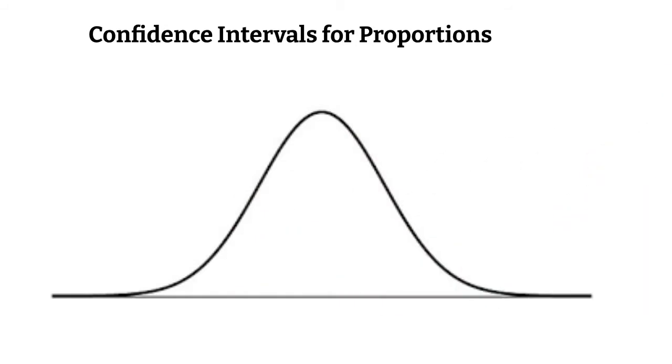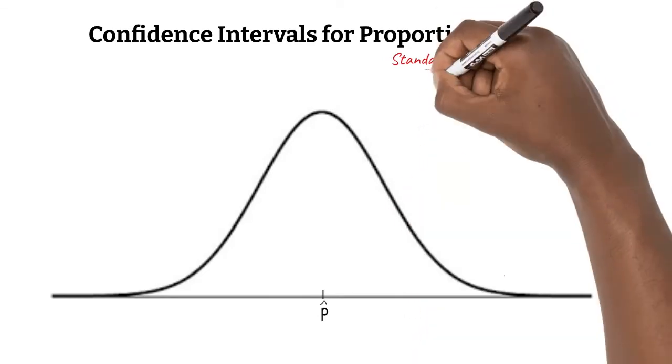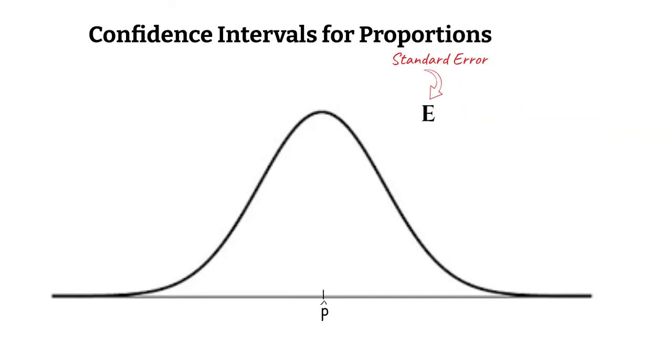Here's our normal curve. When we survey a sample, our proportion is placed here, at the center of the normal curve. We will be using standard error in place of standard deviation, since the average proportion is not in the center. The symbol for standard error is an uppercase E. We don't have to survey several samples.